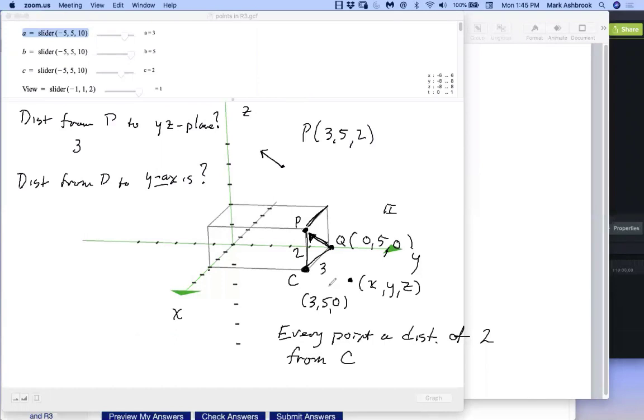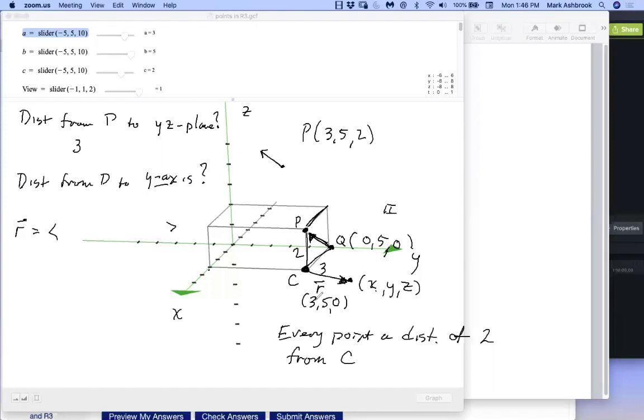So now I want the vector from C to my arbitrary point. I'll call it vector R. What vector is R from that point to any point x, y, z?